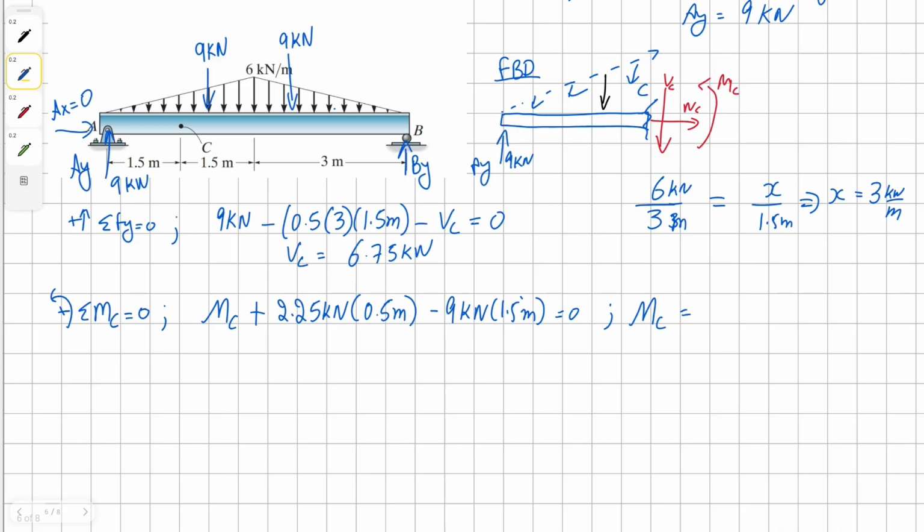Solving for moment at C, we get our solution as positive 12.375 kilonewton meter.